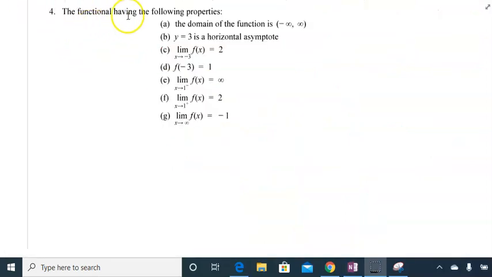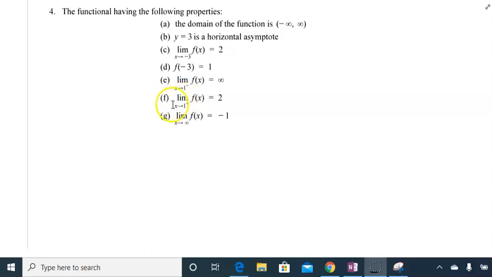We want a sketch of a graph of the function having the following properties. The domain is -infinity to +infinity. y equals 3 is a horizontal asymptote. The limit as x approaches -3 of f of x is equal to 2. f of -3 equals 1. The limit of f of x as x approaches 1 from the left is equal to +infinity.